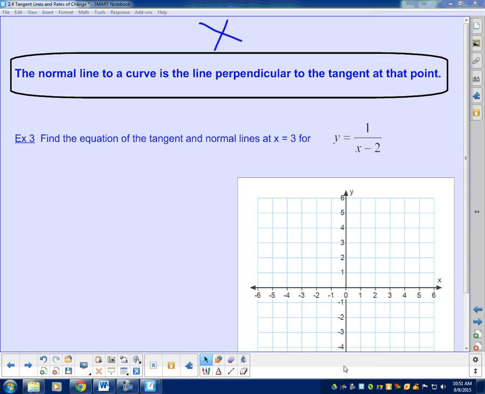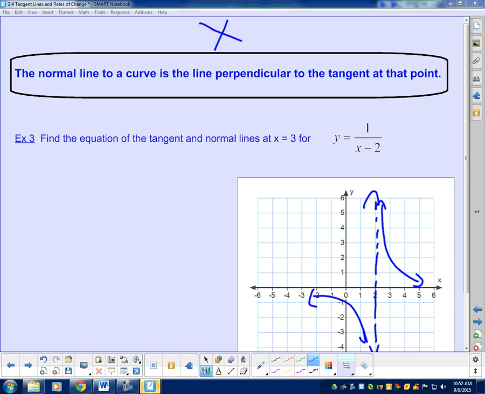So it says find the equation of the tangent line and normal lines at x equals 3 for the function y equals 1 over x minus 2. This function has a vertical asymptote at x equals 2. It's got two branches, one here and one here.